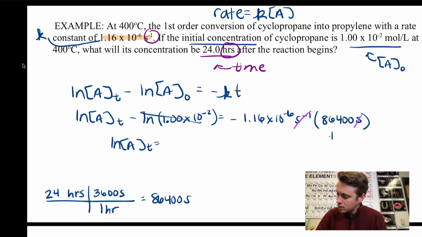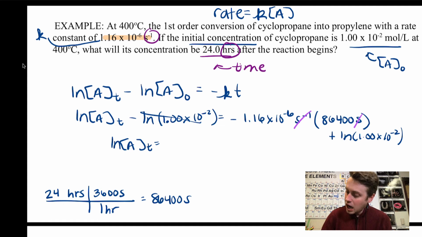This is just doing the algebra, not showing every step completely. To that, I'm going to add the natural log, which is a button on your calculator. It's LN, right below the button that says log. And I got that it's equal to negative 4.705.